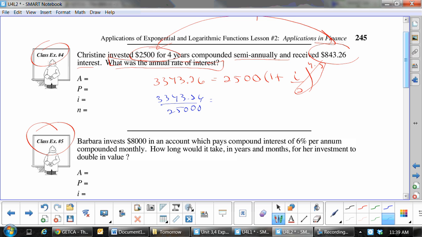Equals 1 plus I over 2 to the 8. Now how am I supposed to get I out of there? The 8th root or to the exponent 1/8, right?